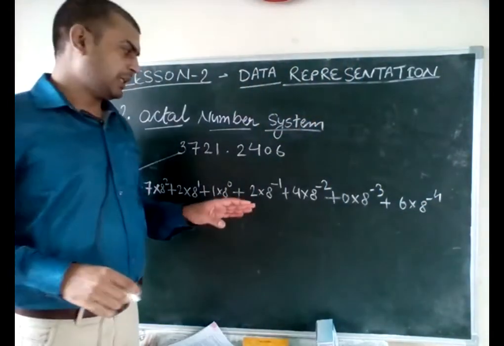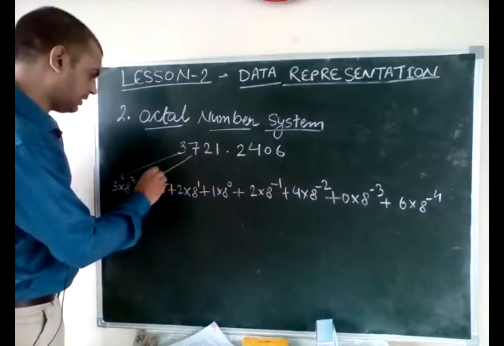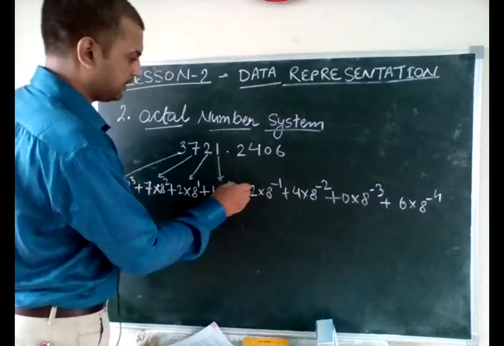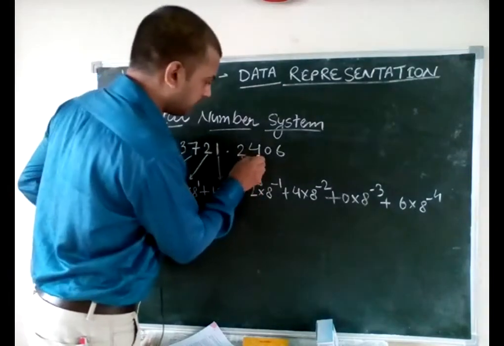So this is very much similar to our decimal and binary number systems. You can see it clearly.